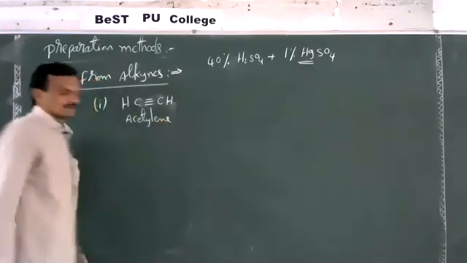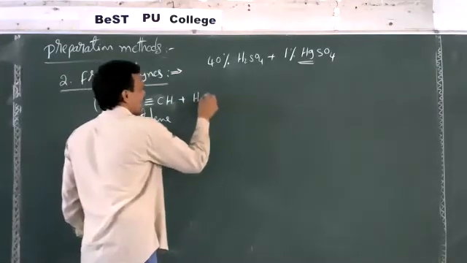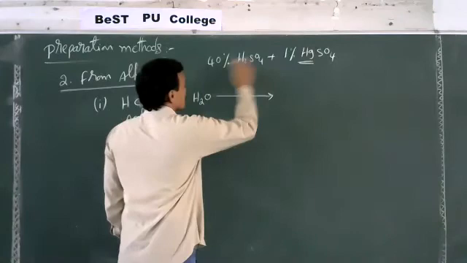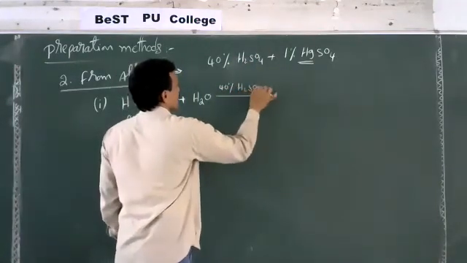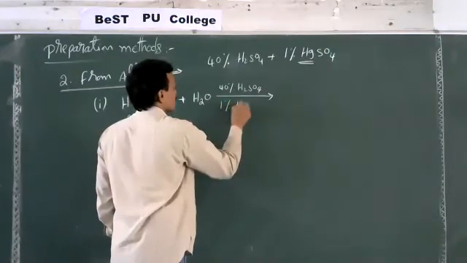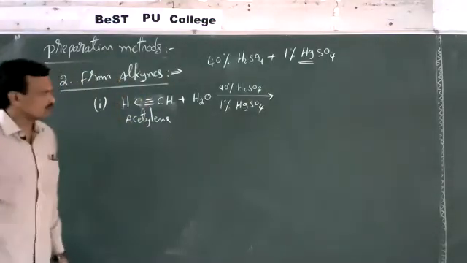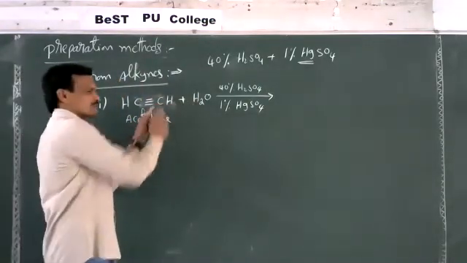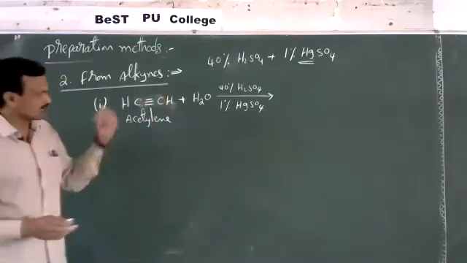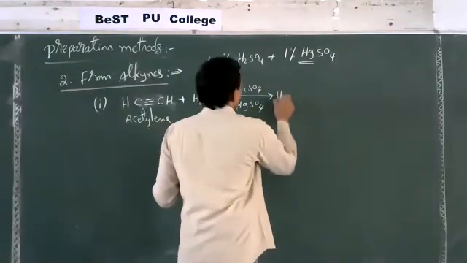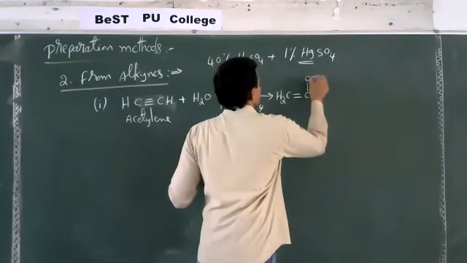Now, to this acetylene, if you add a water molecule in the presence of 40% H2SO4 and 1% HgSO4, then what will you get? Addition of water takes place according to Markovnikov rule. This is symmetrical, so no need to follow any rules, directly you write. Then you will get H2C double bond CHOH.